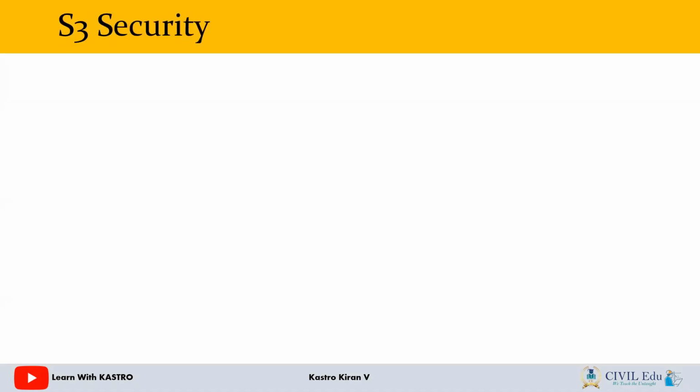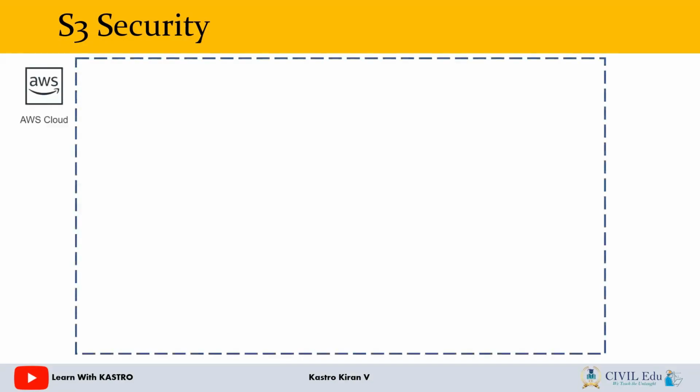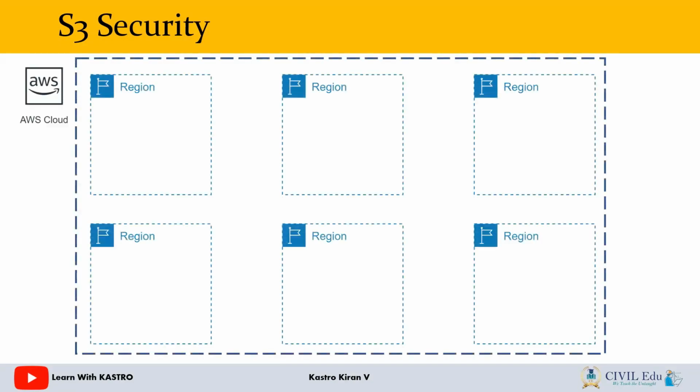Now, to understand S3 security concept, let's look at a scenario here. We know that in AWS cloud, we have multiple regions. And in each region, different AWS accounts will be creating multiple resources, such as creating an S3 bucket, uploading an object into S3 buckets, creating EC2 instances, creating RDS instances.